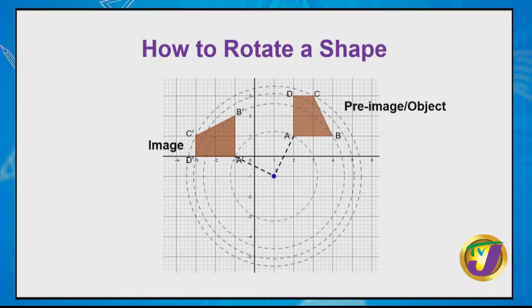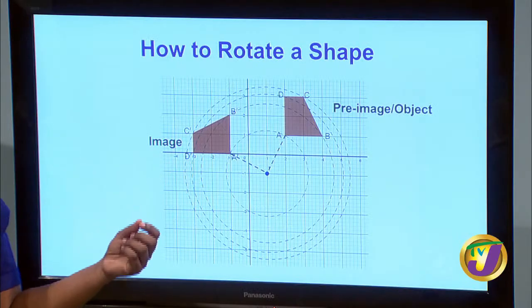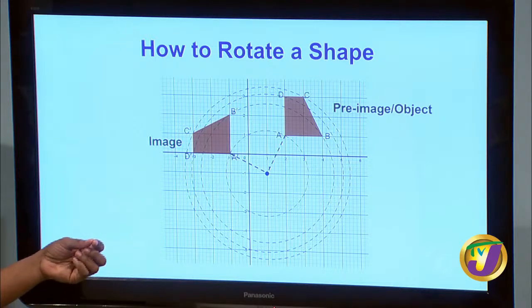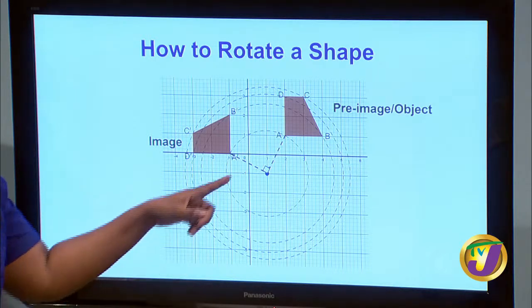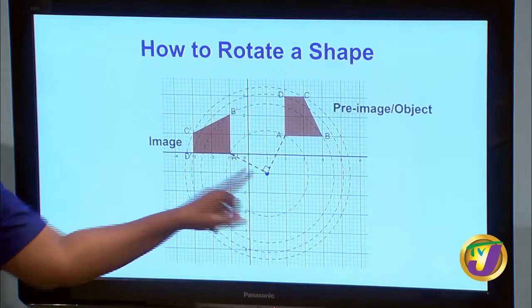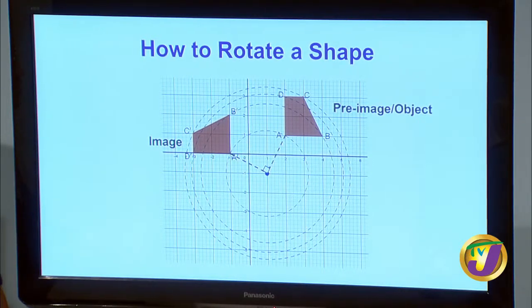So we need to double check. Let's check if all of these, when we connect the pairs of points to the center, are we getting 90-degree measurements here? So let's look at A. All right, so we had A and A prime connecting to the center, and we're seeing 90 degrees there. Let's check the others quickly.